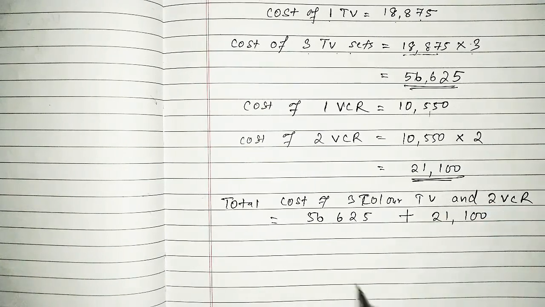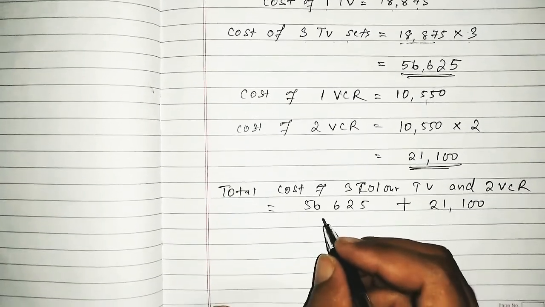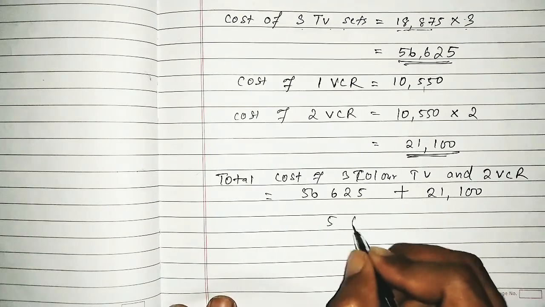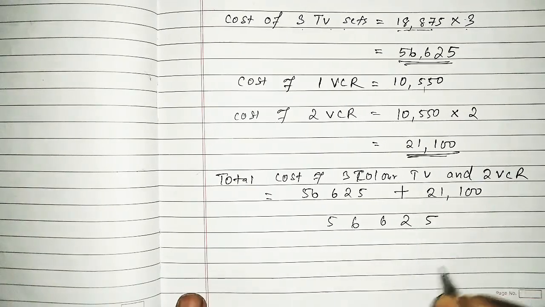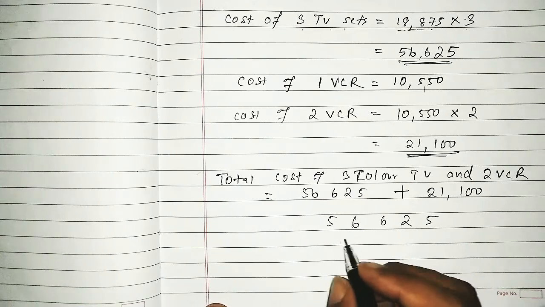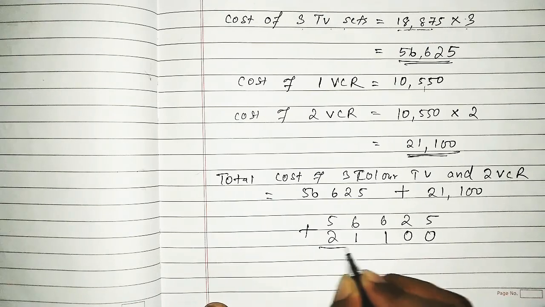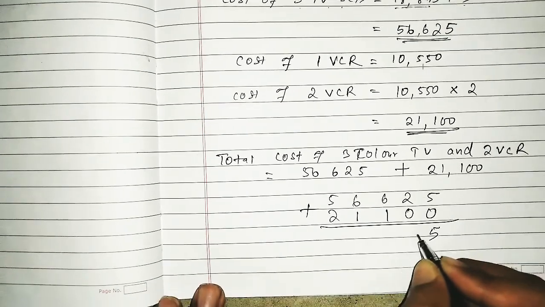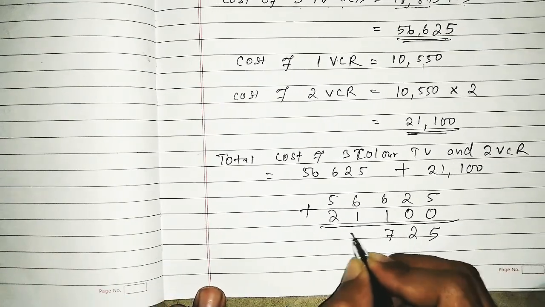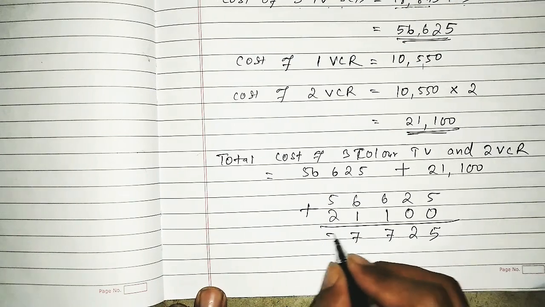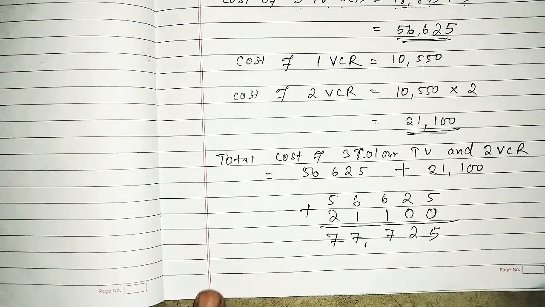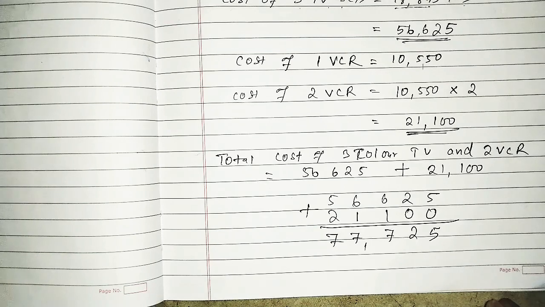Okay, so what answer will you get? 56,625 plus 21,100. Add, this is the total cost: 77,725 is the total cost of 3 color TVs and 2 VCRs.